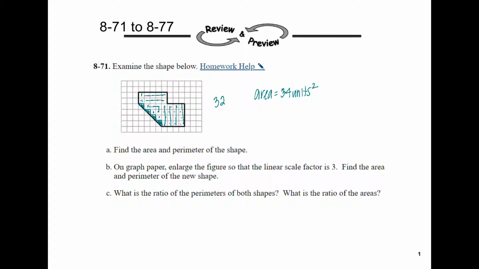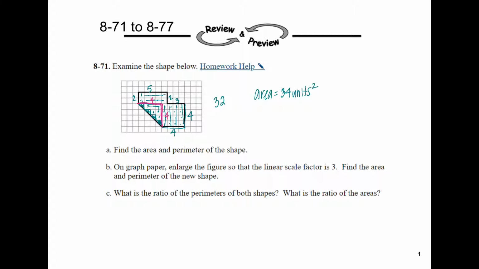To find the perimeter, I am going to add up all of my sides. So I have a length of 4 units, a length of 4 units, a length of 3, a length of 2, a length of 5, a length of 2. I can use the Pythagorean theorem to find my distance.